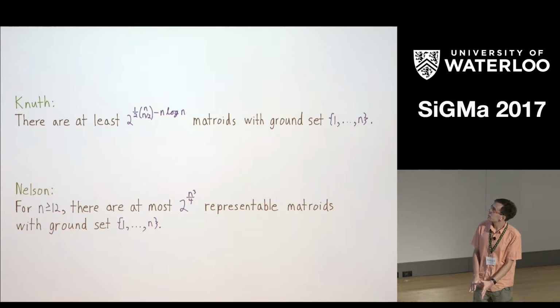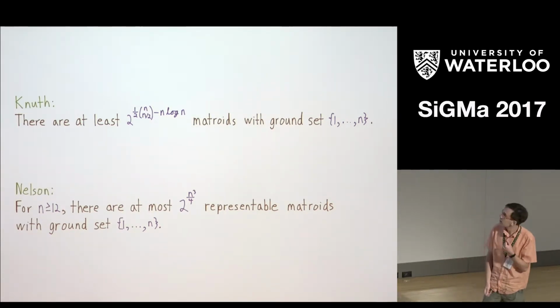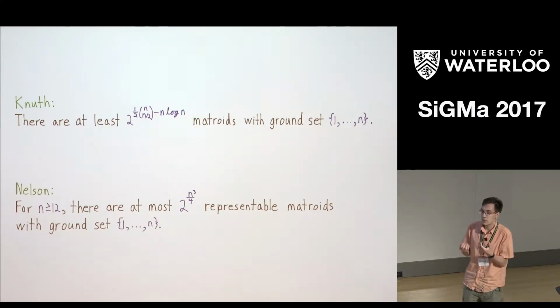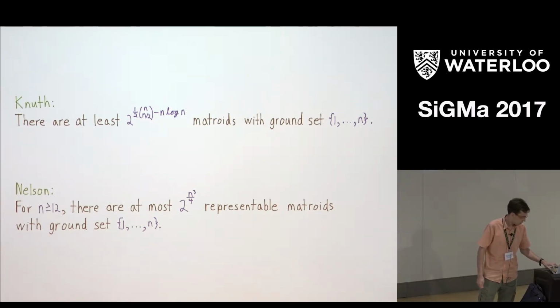So instead of looking at the general excluded minors for real representability, what if we look at just the representable excluded minors? Specifically, we'll look at the complex representable excluded minors.